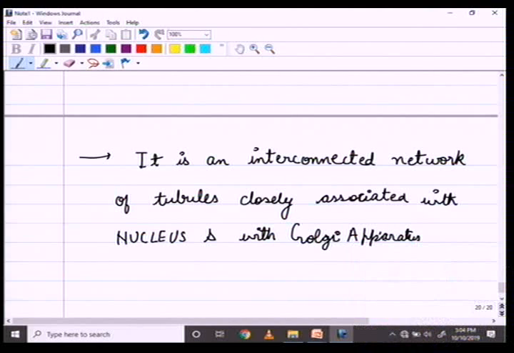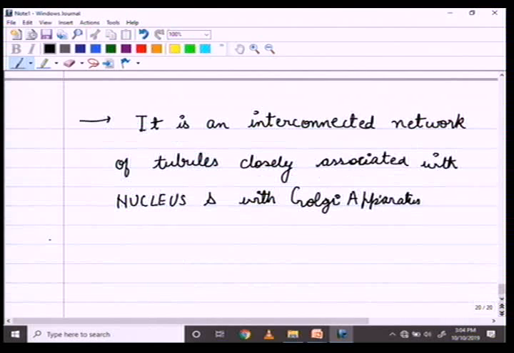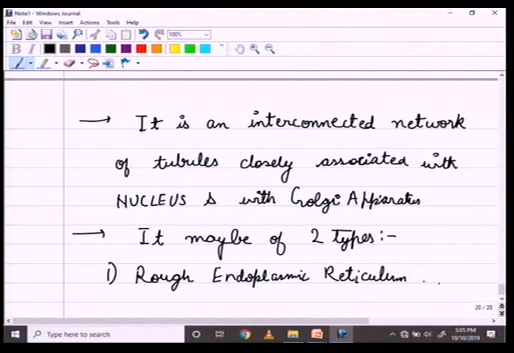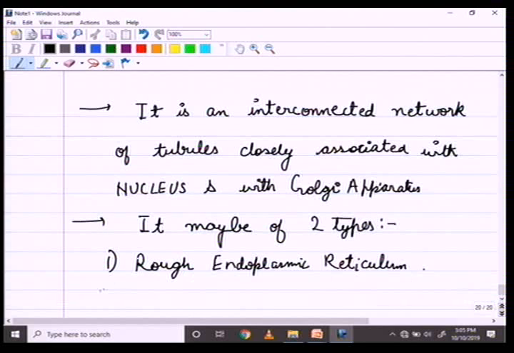It may be of two types: rough endoplasmic reticulum and smooth endoplasmic reticulum.